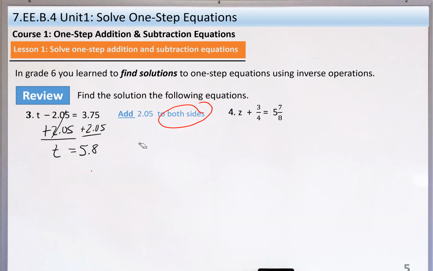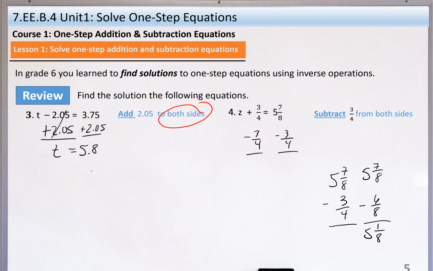All right. The next one. So I'm adding 3/4 to z. The inverse of adding 3/4, or to undo the addition of 3/4 to z, I need to subtract 3/4 from both sides. How do I do that? Well, I have to find a common denominator, and I'm going to use 8.